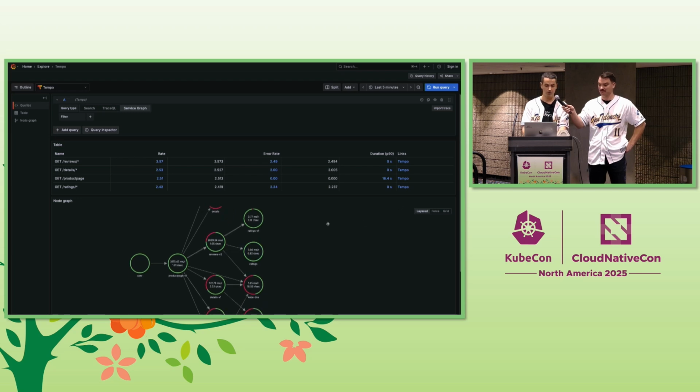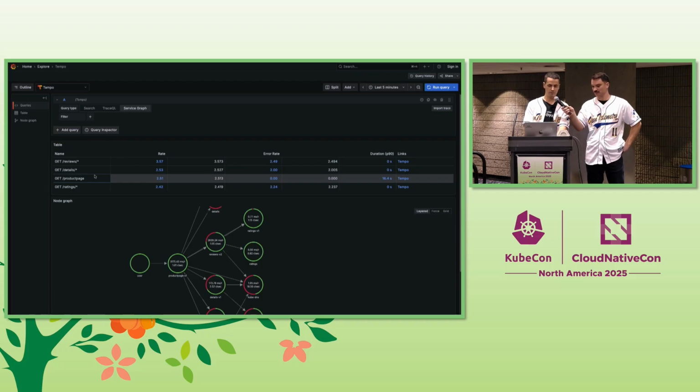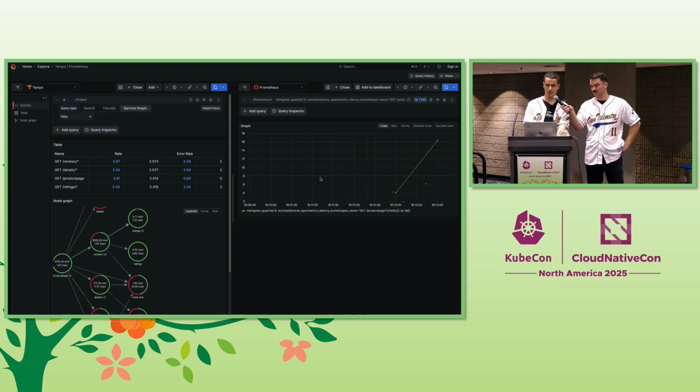Yeah. Let's investigate a bit. We can see that there is this product page endpoint having a large duration. It's taking too long. Probably it's causing some timeouts.